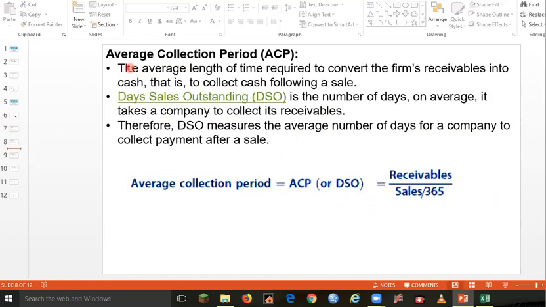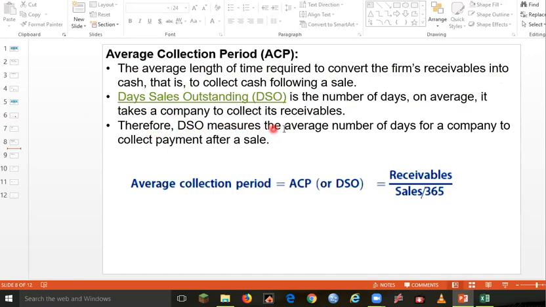The second thing is average collection period, or it is also called days sales outstanding, DSO. The average length of time required to convert the firm's receivables into cash, that is, to collect cash following a sale. DSO is the number of days on average it takes a company to collect its receivables.